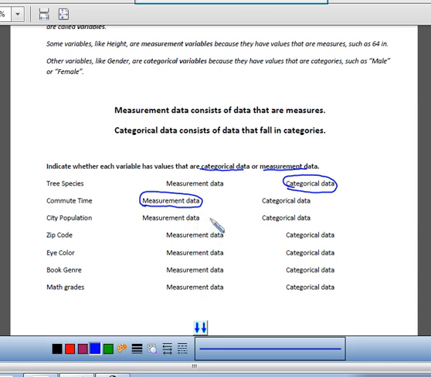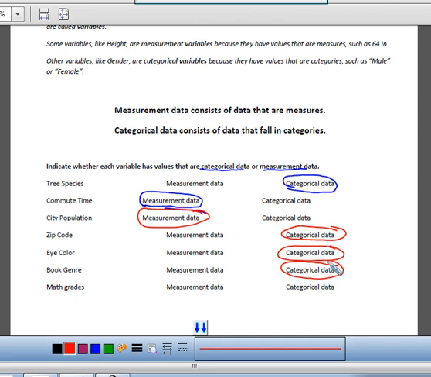Okay, so hopefully you answered everything. I'm just going to circle the answers and then talk about what they are. So we have city population, so the number of people, is measurement data. Zip code, believe it or not, I know some people think that zip code is a number and so it's measured, but it's actually a category.